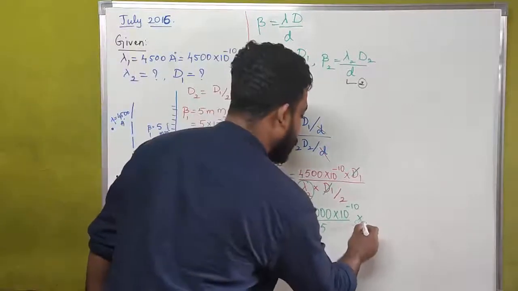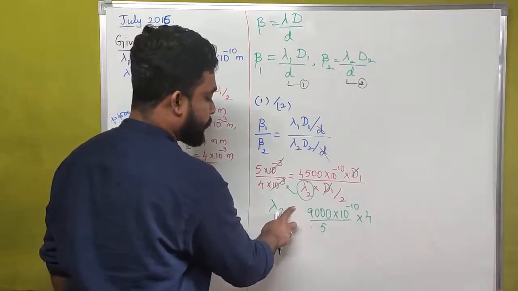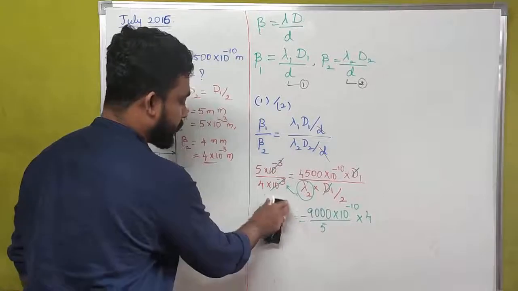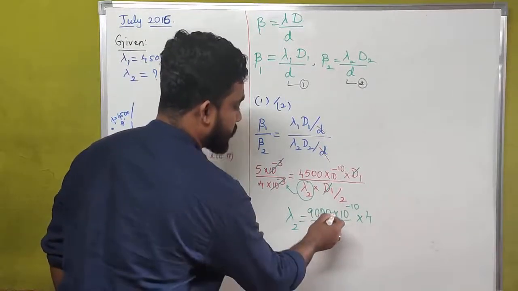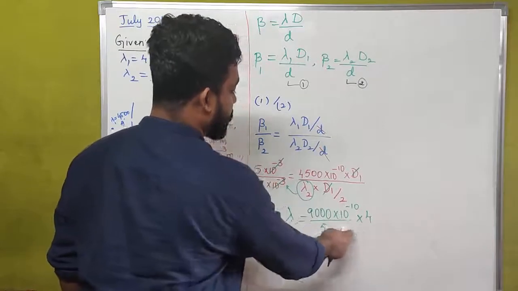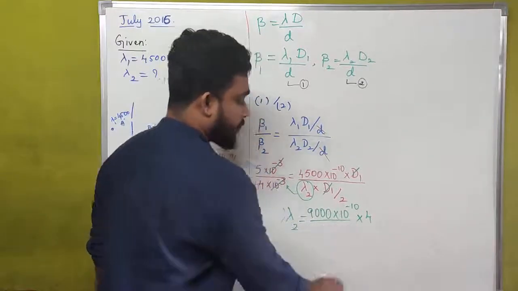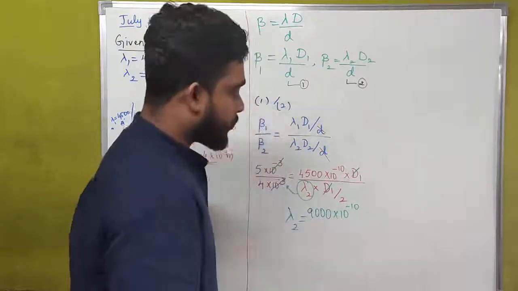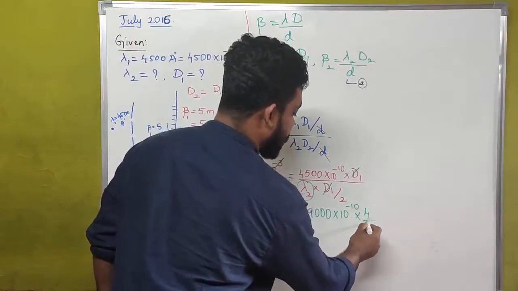Here 5 by 4 is becoming 4 by 5 on the other side of the equation. That is lambda 2 is equal to 9000 into 10 to the power of minus 10, 4 divided by 5. Or you can write this 5 here also: 9000 into 10 to the power of minus 10 into 4 divided by 5.